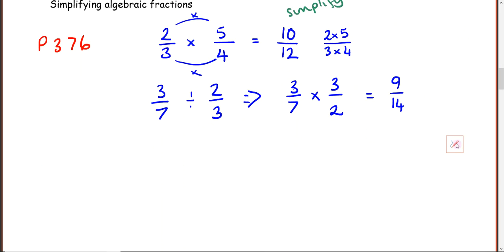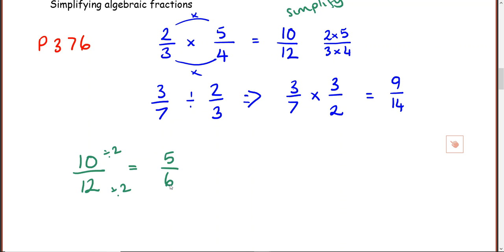Divide by a common factor. So 10 divided by 12. We divide by a common factor, and that common factor is 2. So we divide by 2, divide by 2, and we get 5/6.